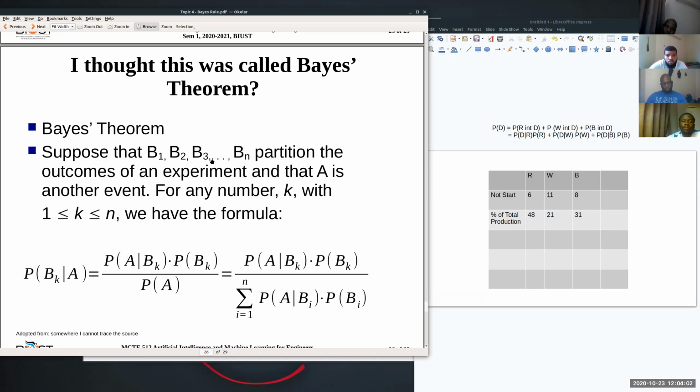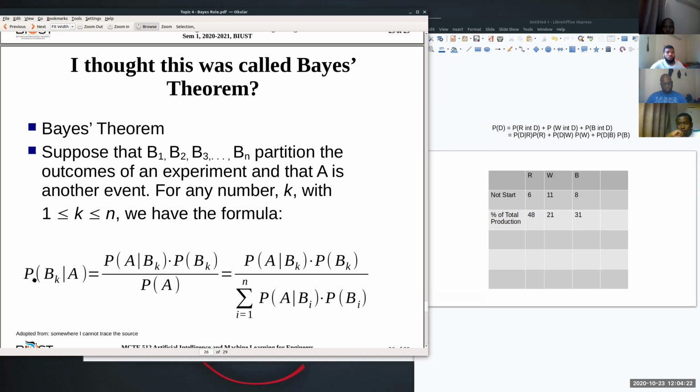Okay. A is another event that is independent of all the other events B1, B2, and B3. Okay. So for any given number of events, BK, okay, they're all possible events from B1, B2 to B3. That's defective or not defective, and then that this is from line A, for example.